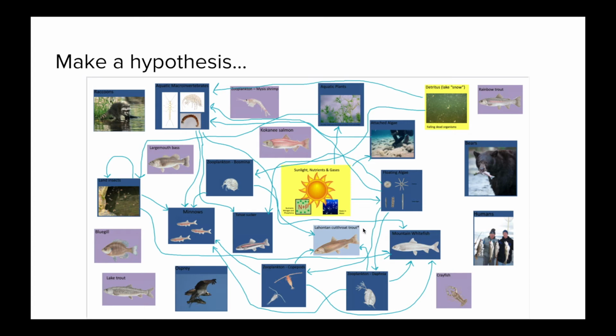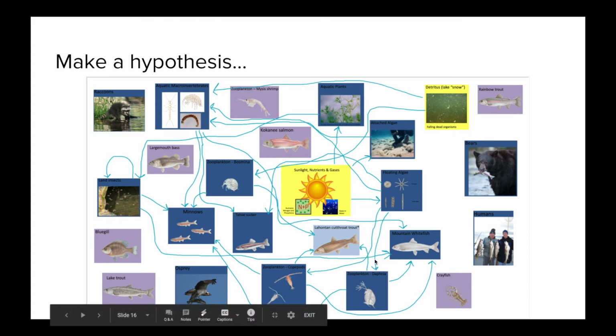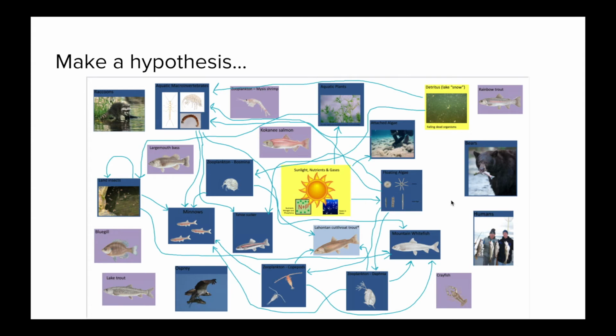So for my organism, the Daphnia, that had those 3 arrows pointing away and 1 pointing toward, the Daphnia is giving its energy to 3 different organisms and receiving energy from 1. I hypothesize that more organisms will eat the Daphnia after we introduce these species.